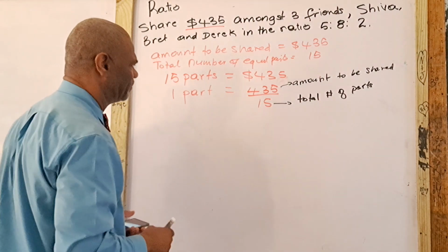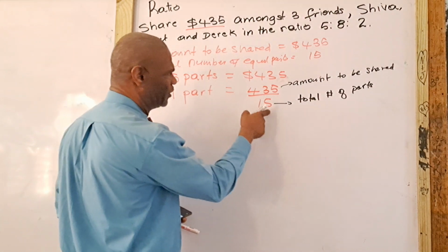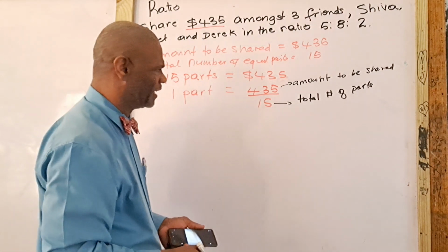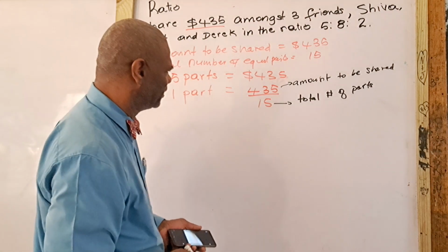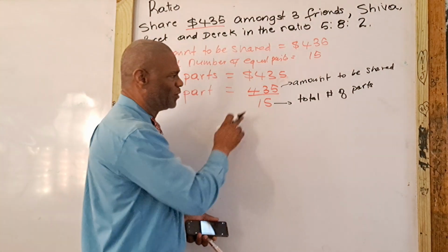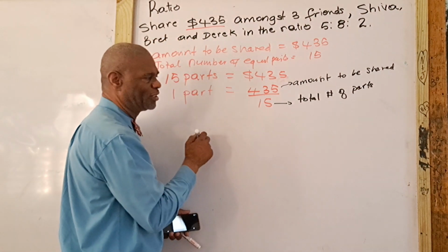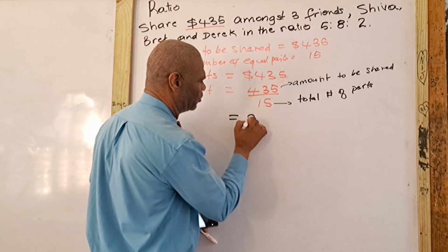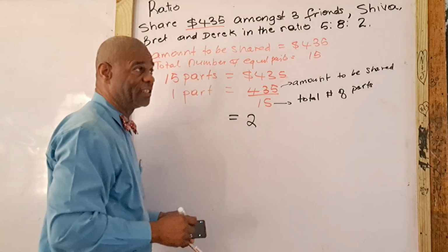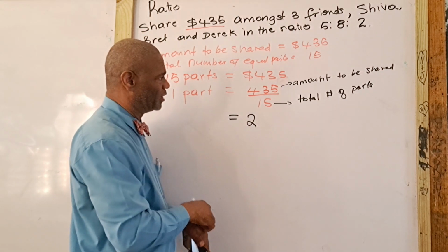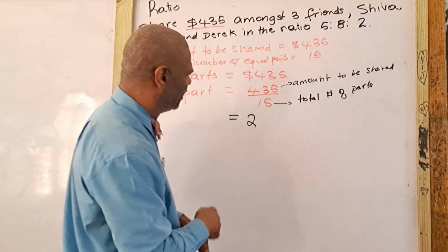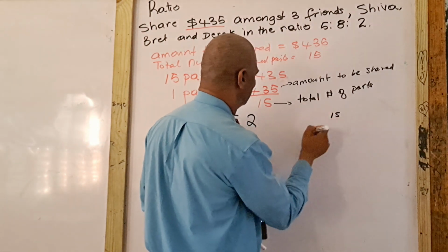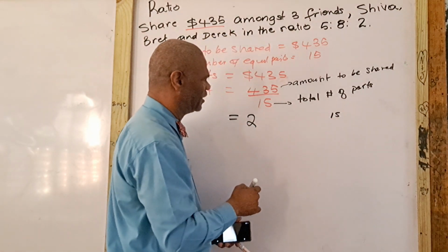Okay, now let's do that. So 435 divided by 15, that gives us what? 15 into 43 is 2. Put that here, so that's 2. And then 135. 15 into 135 is what?